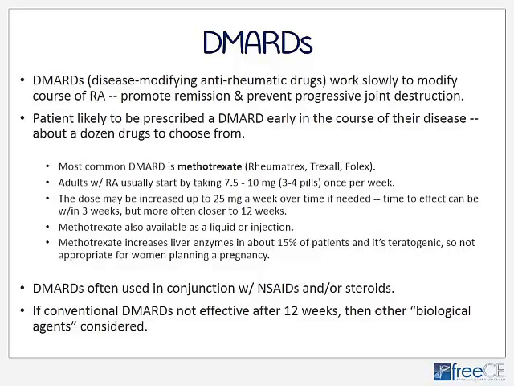As mentioned, DMARDs are not used in isolation typically, but they're used in conjunction with NSAIDs or steroidal drugs. And typically, after 12 weeks, if symptoms are not dramatically better, then other so-called biological agents are considered.